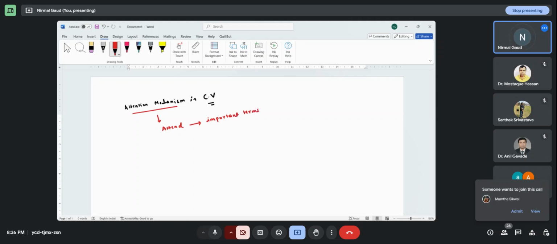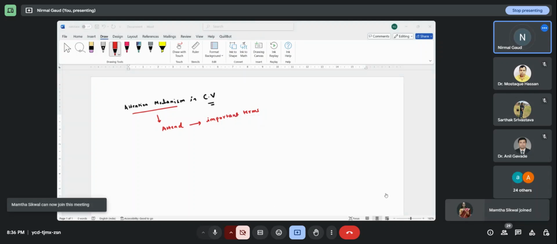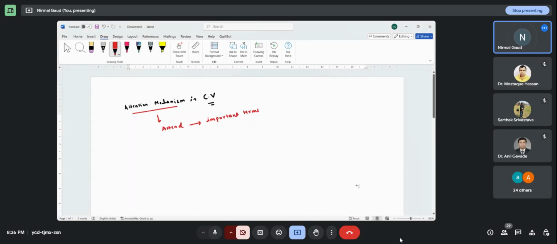Something which is important, I want to focus upon it. I want to give more priority to it. And if I train my model with these important terms or important features, obviously I am going to get good results.